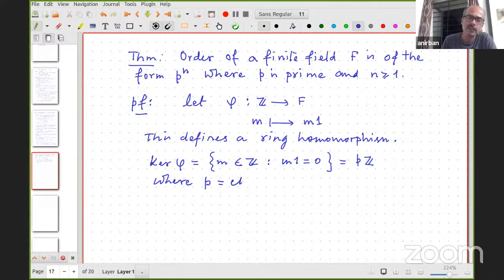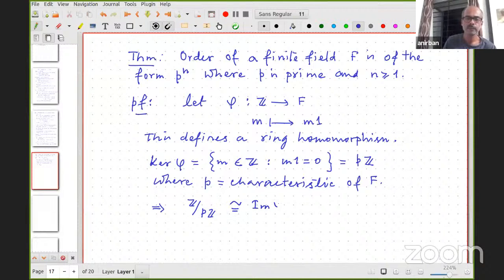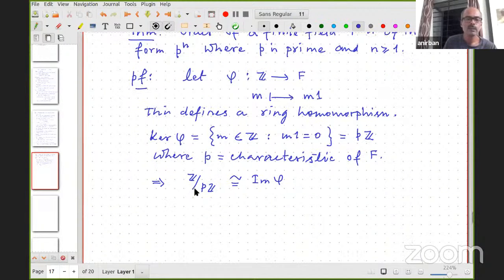So p is the characteristic of F. Therefore, by the isomorphism theorem, you can say that Z mod pZ is isomorphic to the image of phi.